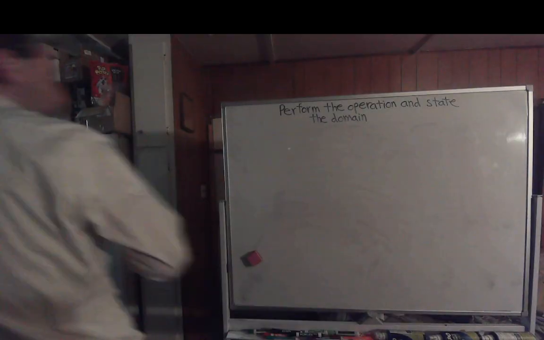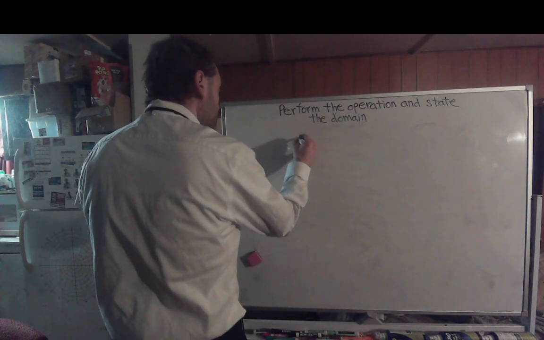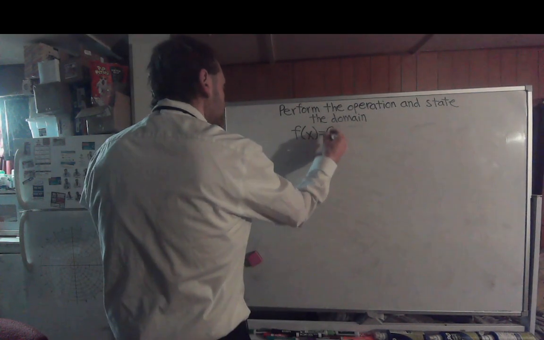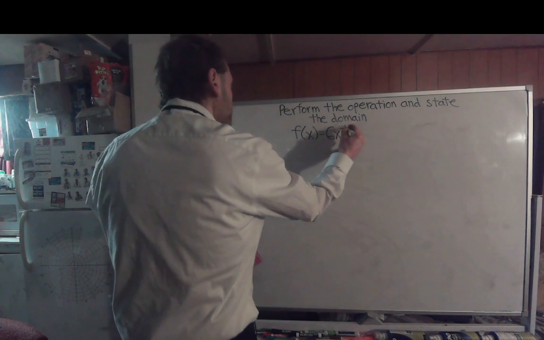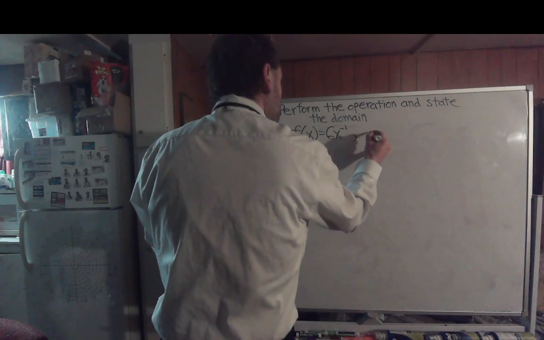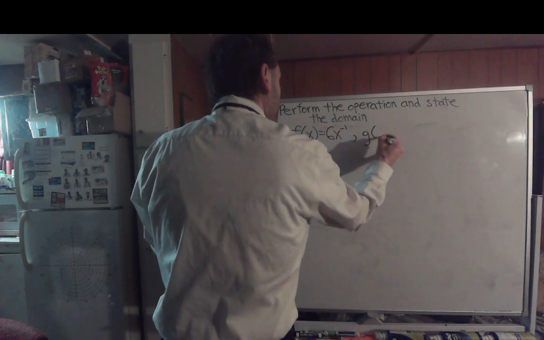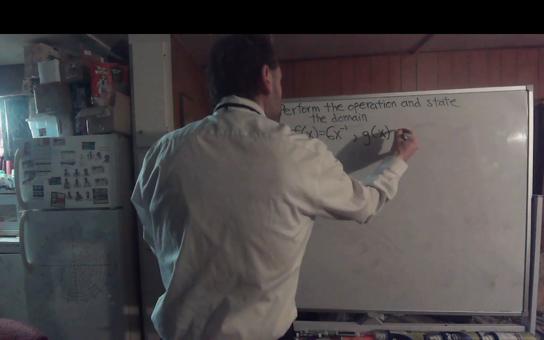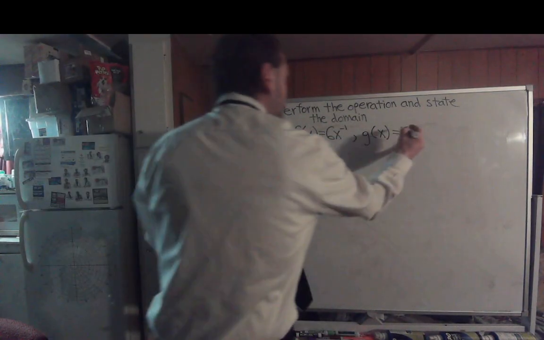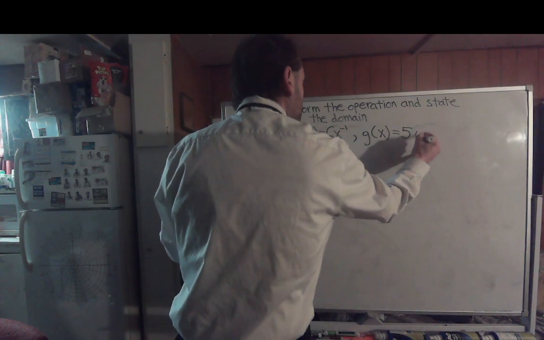Now, we have f of x equals 6x to the negative first, g of x equals 5x minus 2.